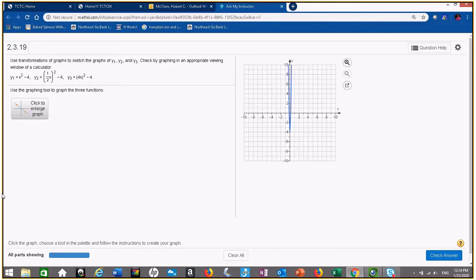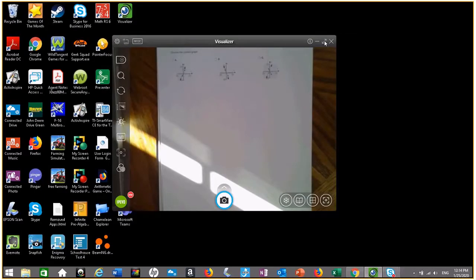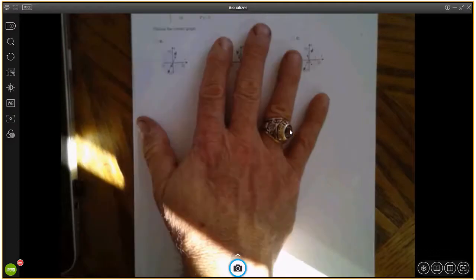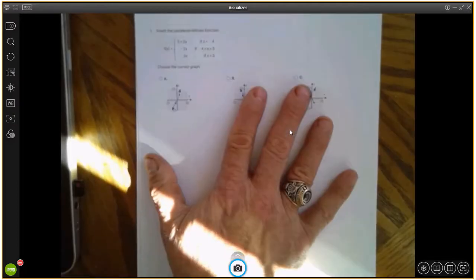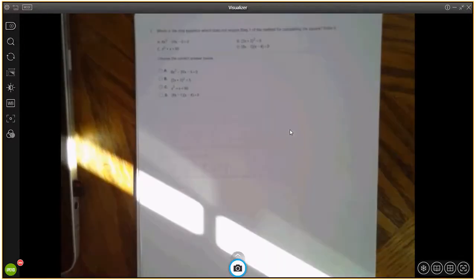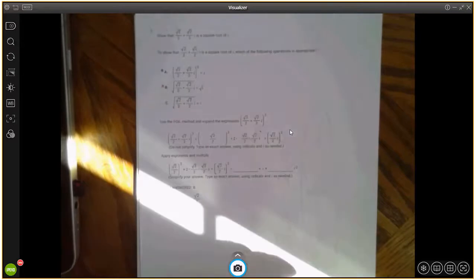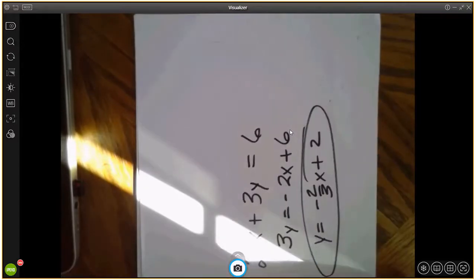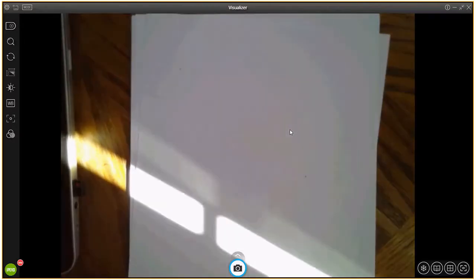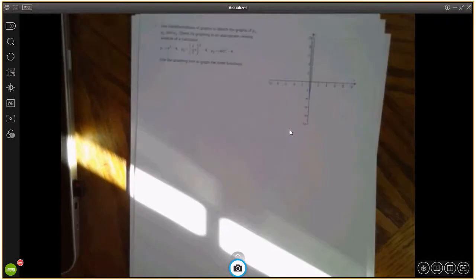Okay, I'm going to get rid of that now. And I'm going to show you how to do this. I hope the autofocus is on. I don't think it is. But anyway, there's the problem. No, that's not the problem, that's another problem. There it is. Sorry about that. Let me get these problems out of the way. I'll try to write big enough so you can see it. It's supposed to have autofocus.